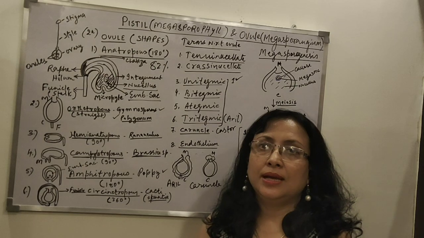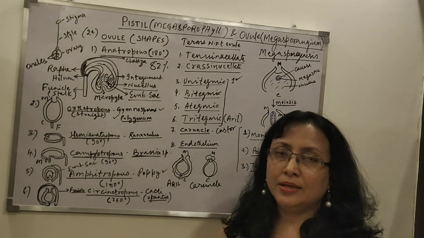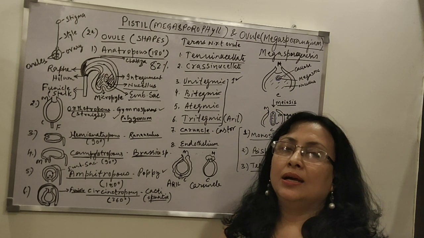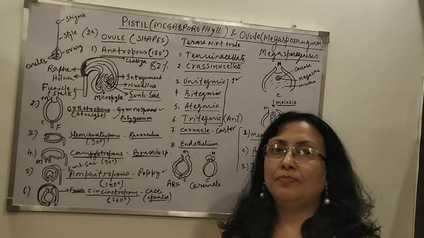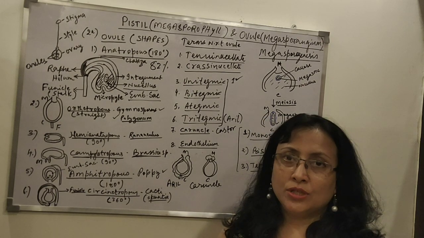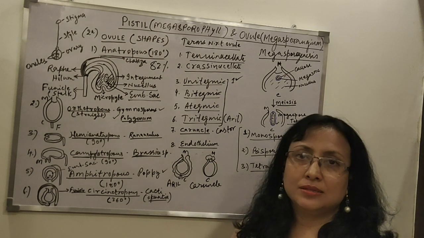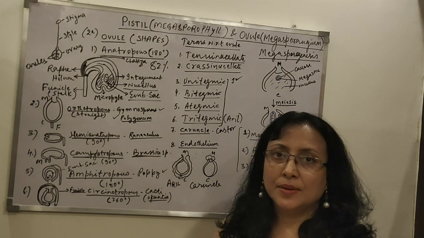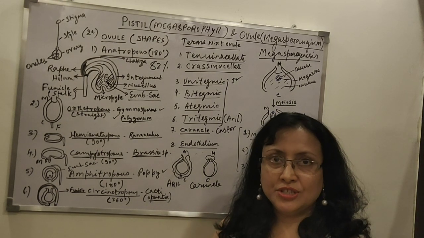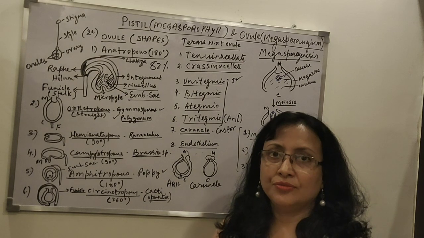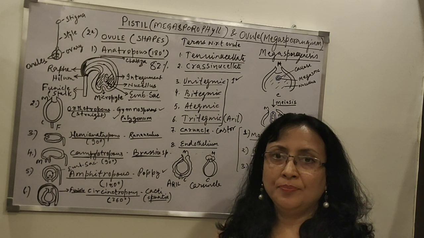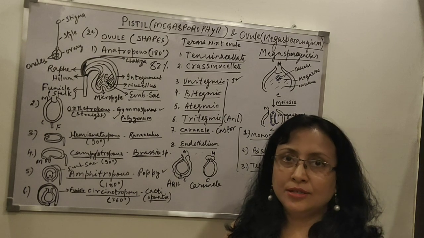It's found in castor, and does it have any important function? Yes. The caruncle acts like an absorbing pad for absorbing water. It will absorb the water and swell up, and then it will degenerate, and that is how the water enters the ovule and the seed can germinate.